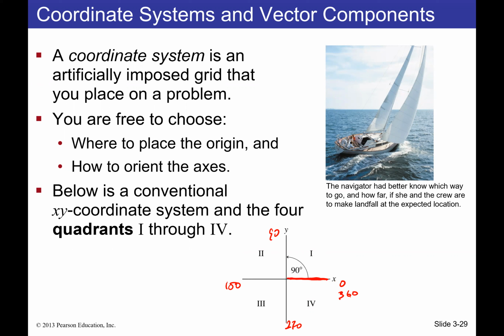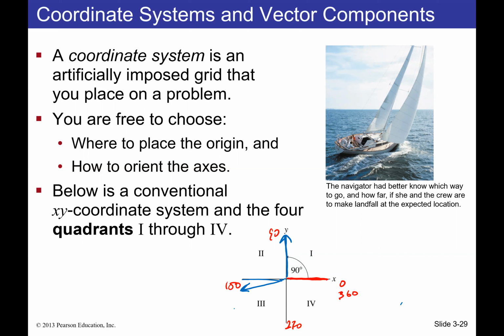For example, if I tell you there's a vector B with the angle of 90 degrees, you know that vector is along the y-axis. If I tell you there's a vector of 190 degrees, you also know where it is. This is 180, so maybe like this. This is 190.